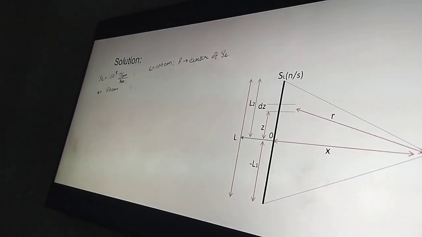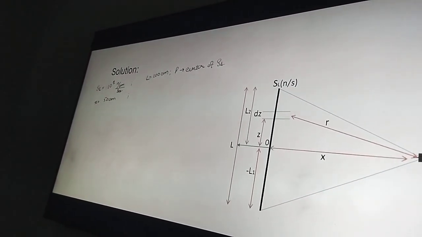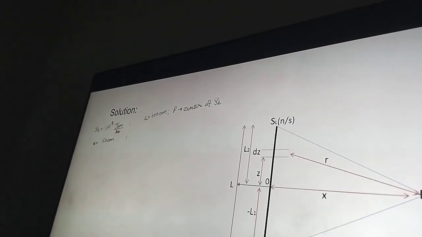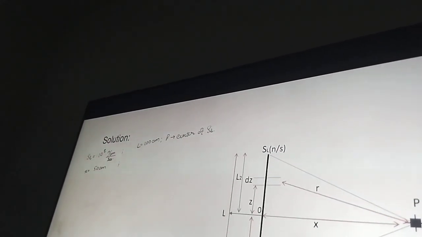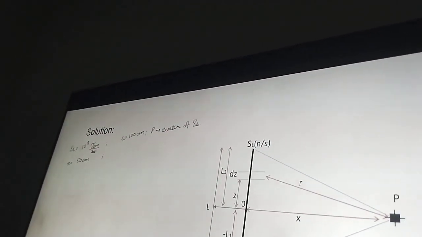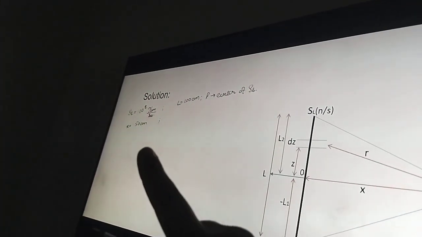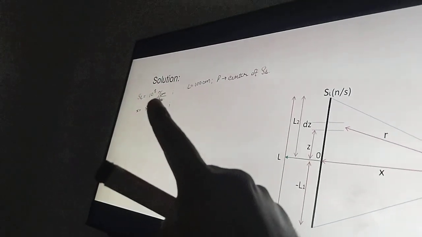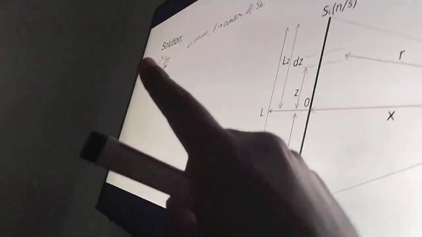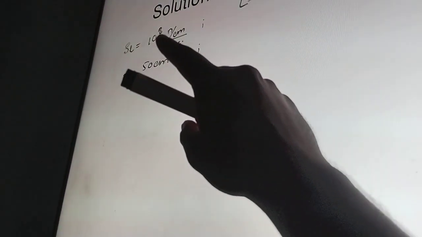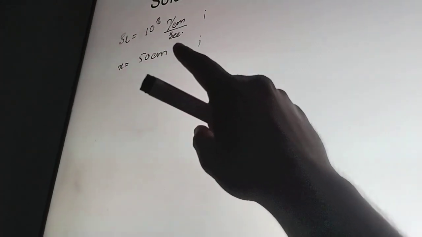Okay, so with the same context, the problem is stated in the Lamarsh book, Introduction to Nuclear Engineering, Chapter 9, problem number 27. The problem states that we have a line source having a strength of 10 to the power 8 neutrons per centimeter per second.